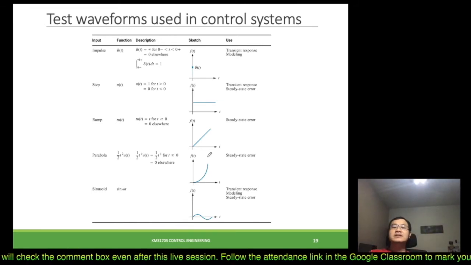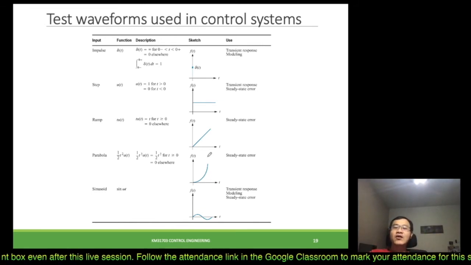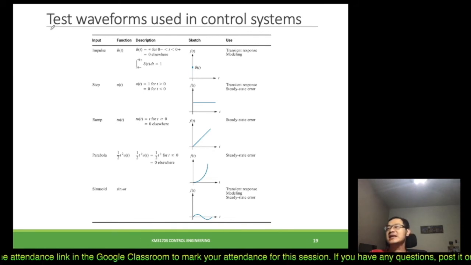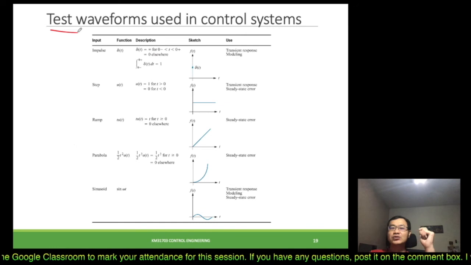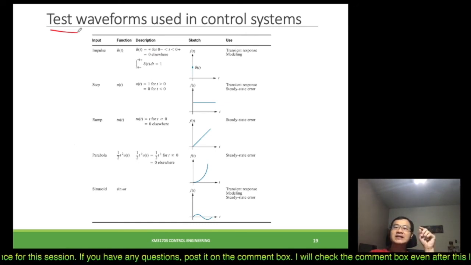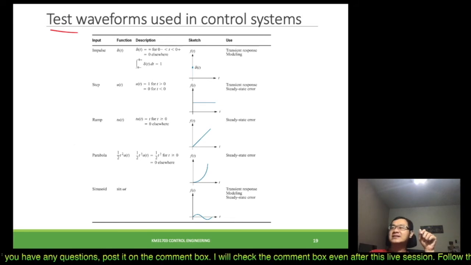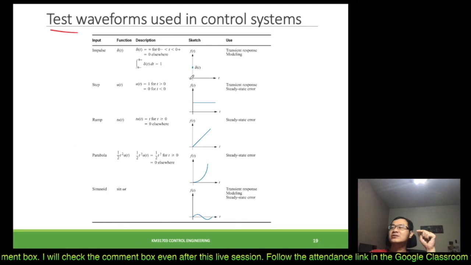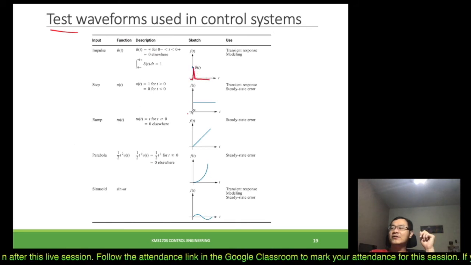Here are the test waveforms that are commonly used in control systems. What it means by test waveform is that when we try to test a system, we would inject a signal. We call that a test waveform, right? So the signal can be in the form of an impulse, just one signal, then it disappears, or in the form of a step.